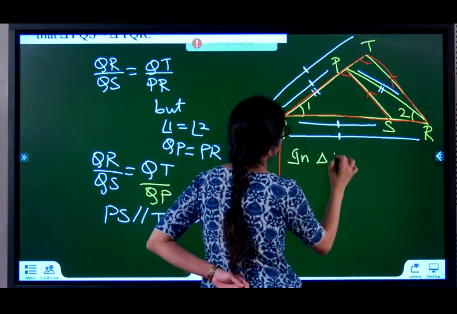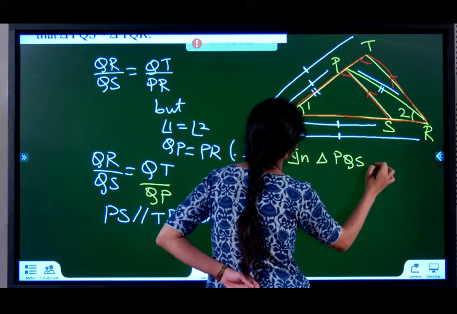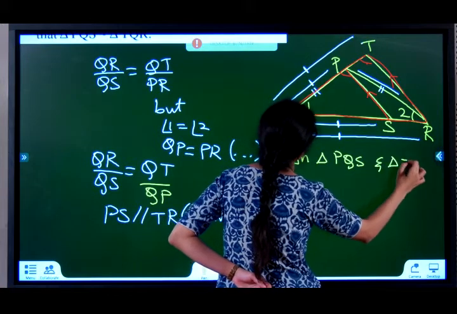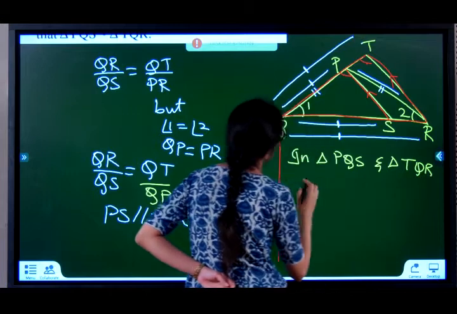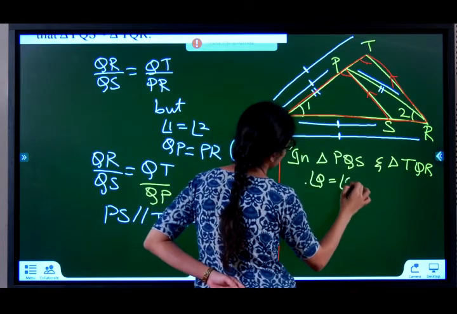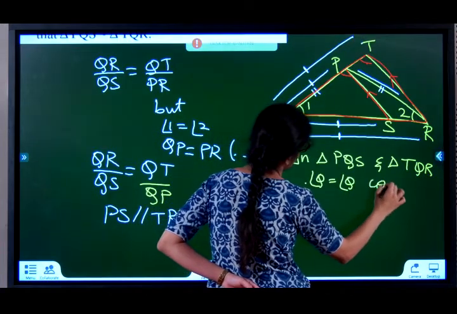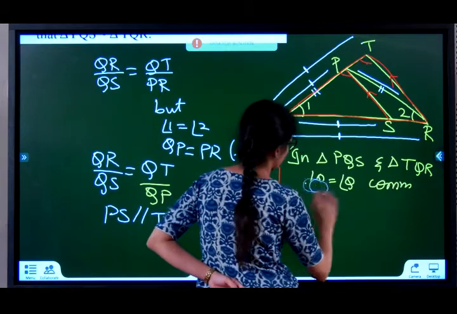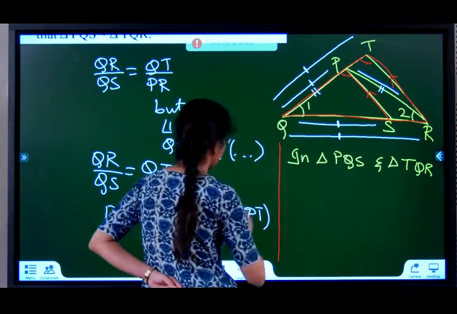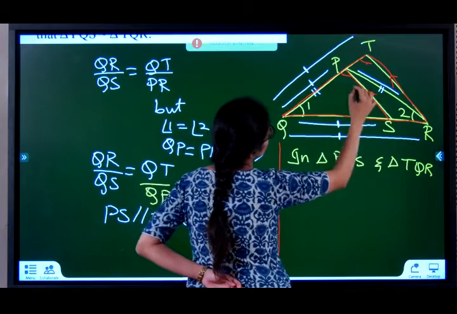In triangle PQS and triangle PQR, angle Q equals angle Q, that is common. Let's use 1, 2, 3. Okay, I'm going to label this as 1, 2 is over 3, 4.